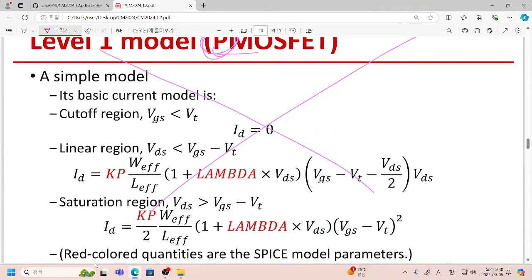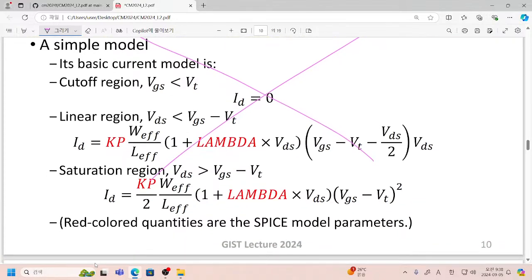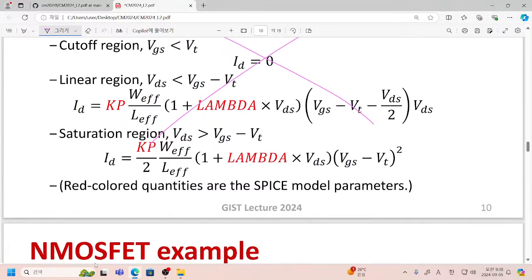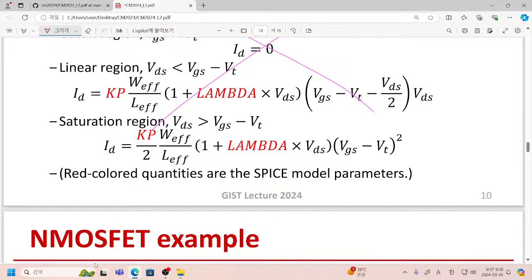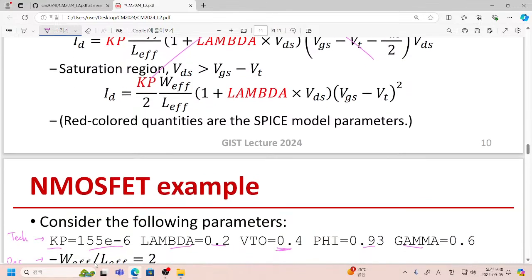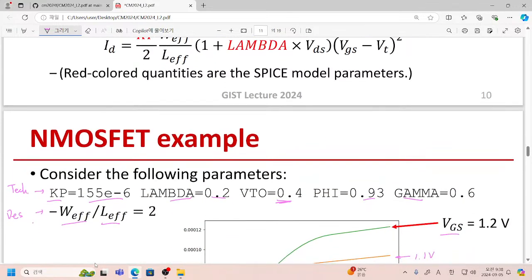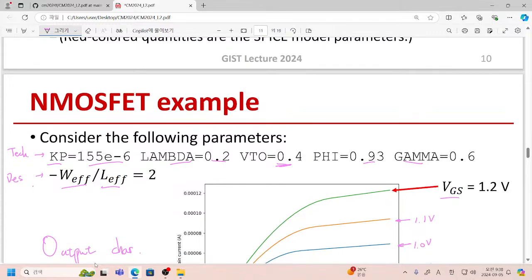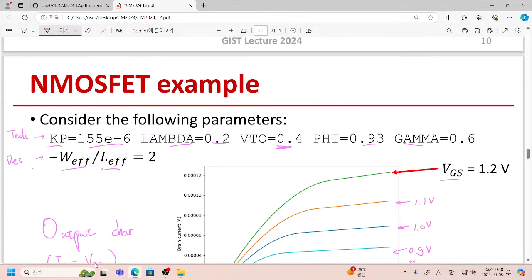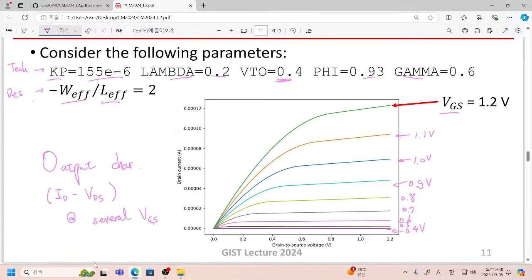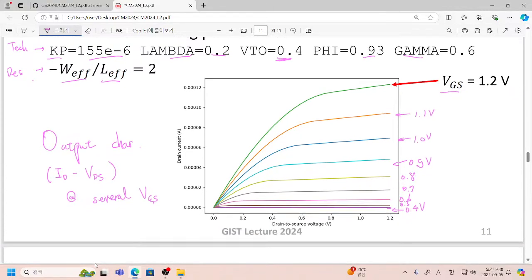If you don't understand the derivation of these expressions or the physical meaning of lambda or Kp, then please have a look at the lecture materials related to microelectronics. I think you had to attend those related courses.